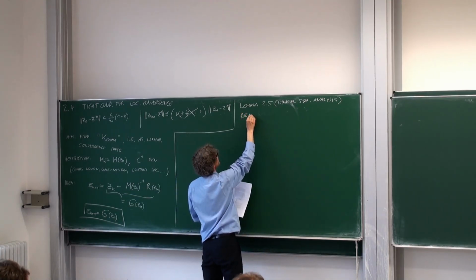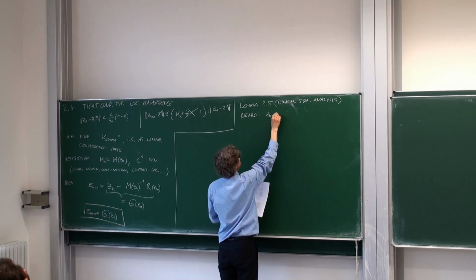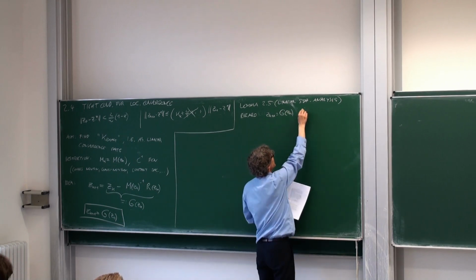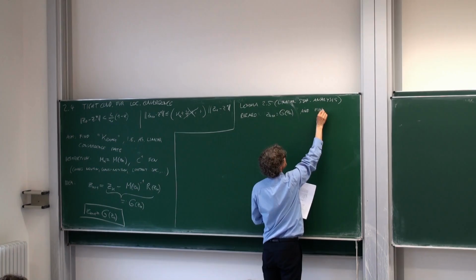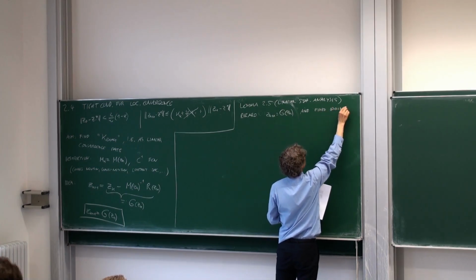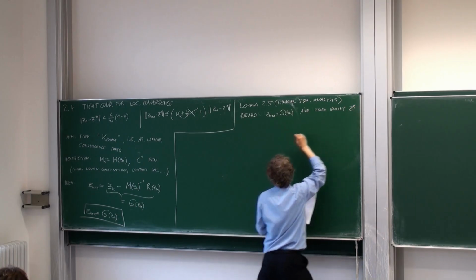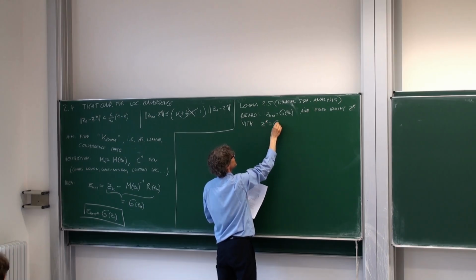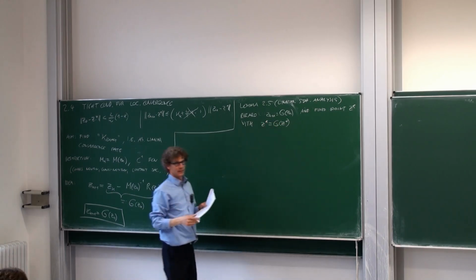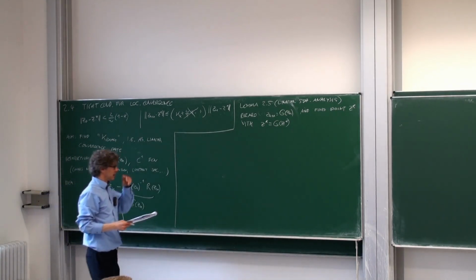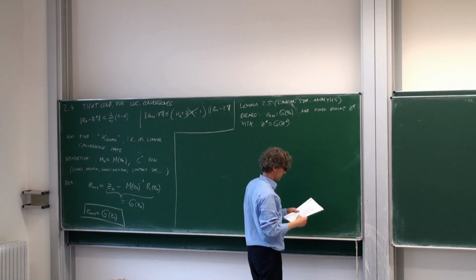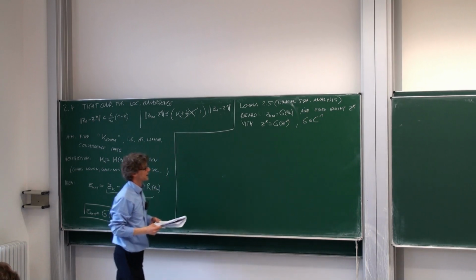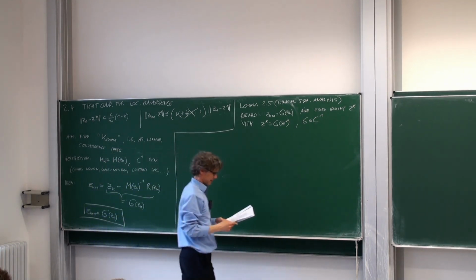So regard z_{k+1} equals G(z_k), and a fixed point z star. The fixed point should just satisfy this relation, and G should be C1, differentiable, so that we can compute its derivatives.